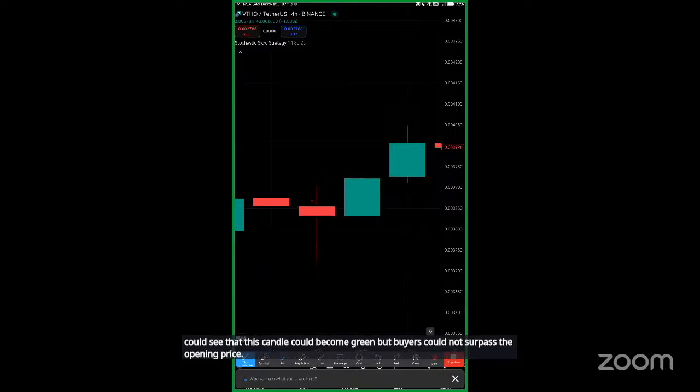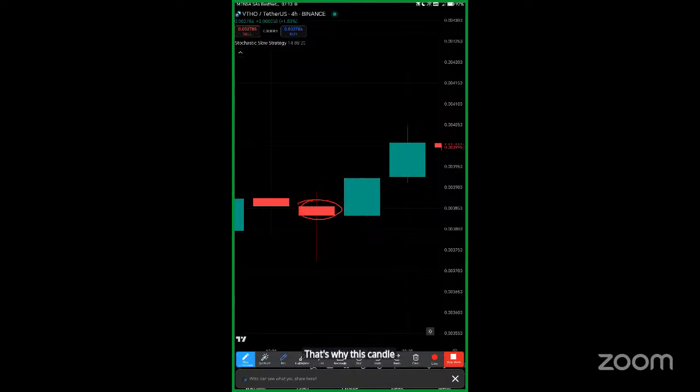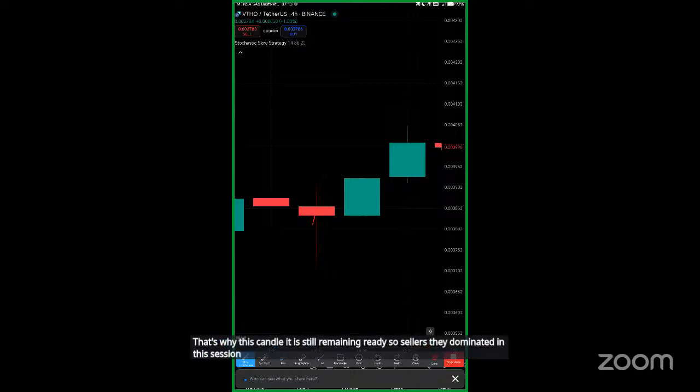So sellers dominated in this session. A candle with a long lower shadow and a short upper shadow means sellers flexed their muscle in terms of selling. There was more selling pressure compared to buying pressure.